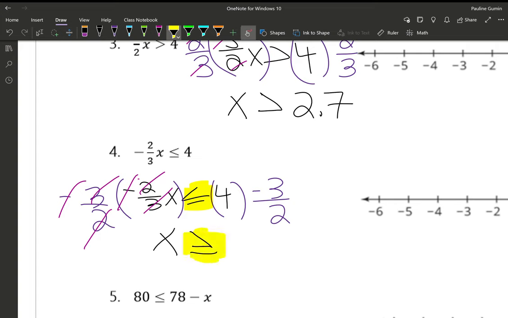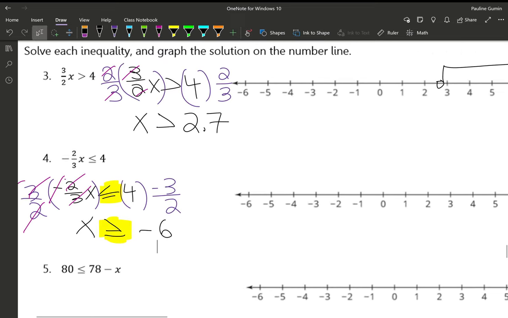All right. 4 times negative 3 is negative 12, divided by 2 is negative 6. All right. So on my number line, I'm going to find negative 6. There it is. I'm going to put a little dot on it. It's going to be a closed dot this time because it's greater than or equal to. Because it's greater than, we're going to point an arrow to the right.